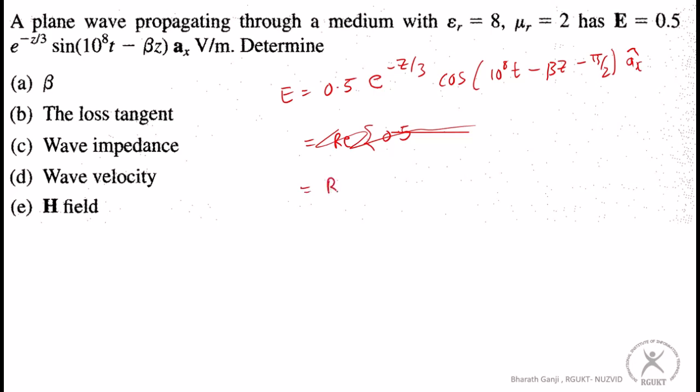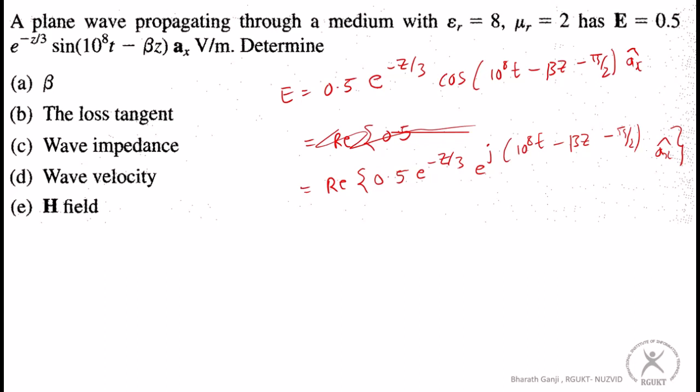So the same thing can be written as the real part of 0.5 e^(-z/3) e^(j(ωt - βz - π/2)) a_x.